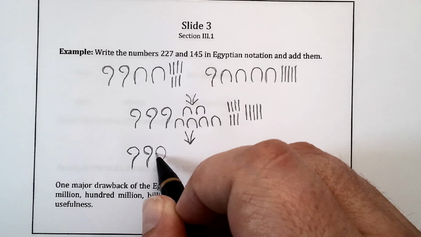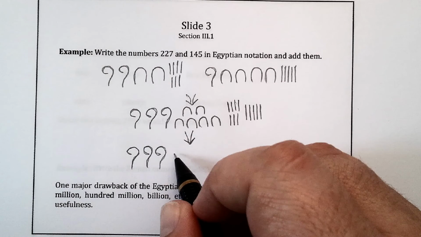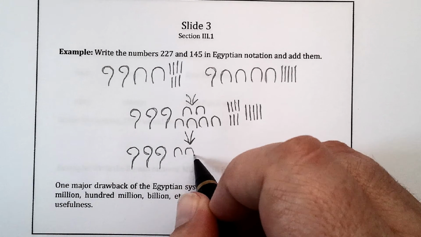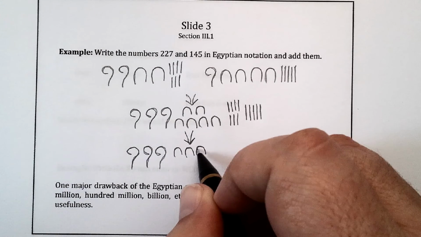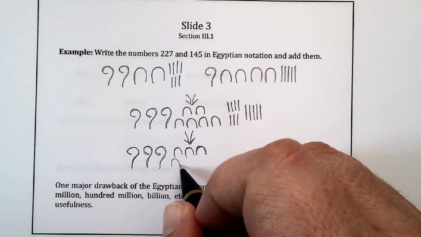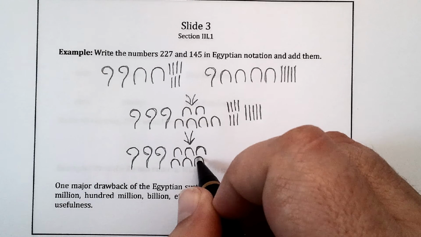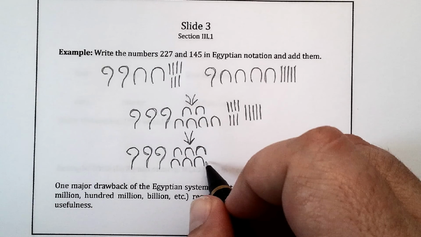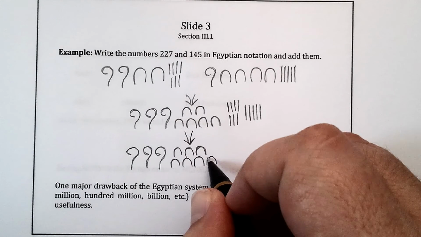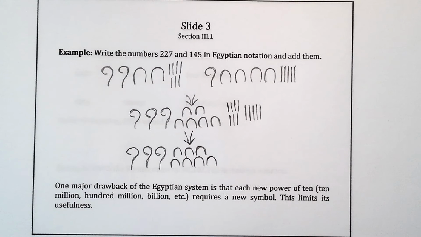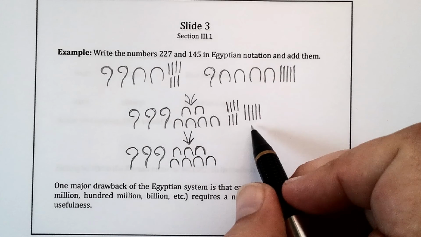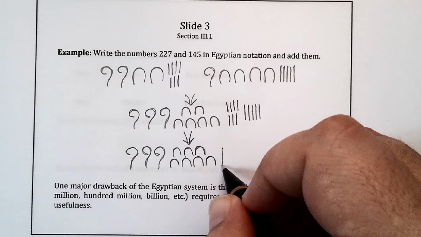Okay, so we still have our 3 scrolls. Now I have 7 yolks. And I have 2 staffs left over.